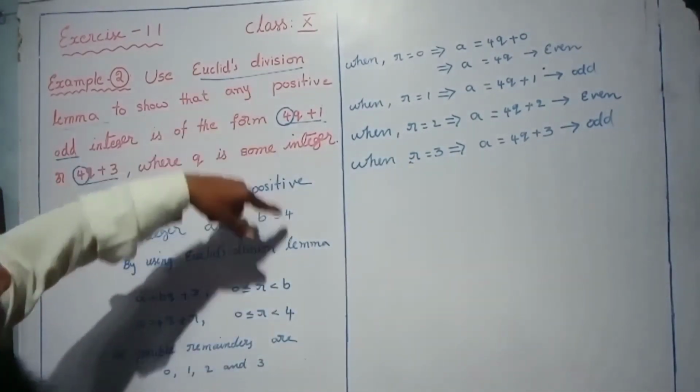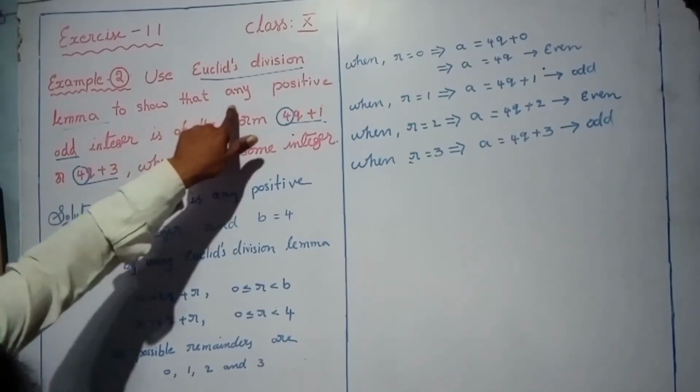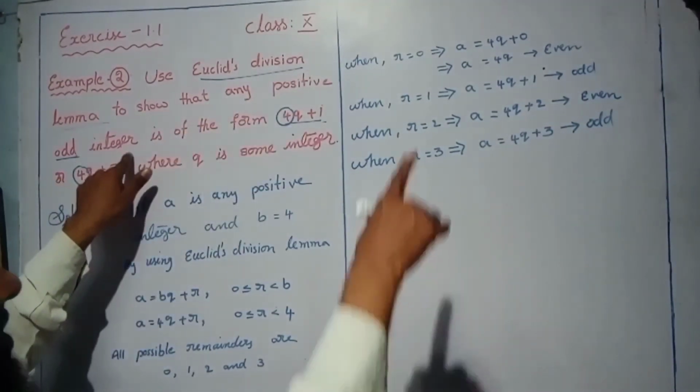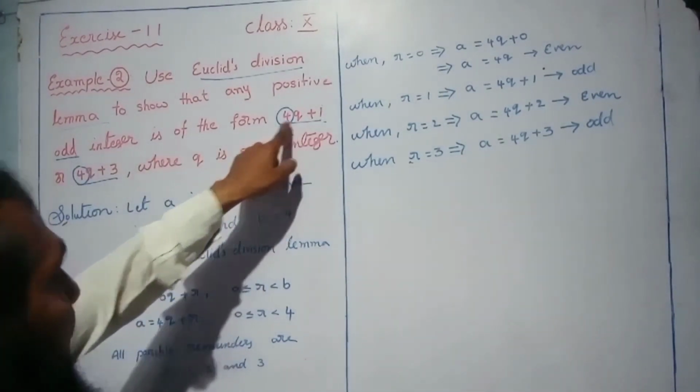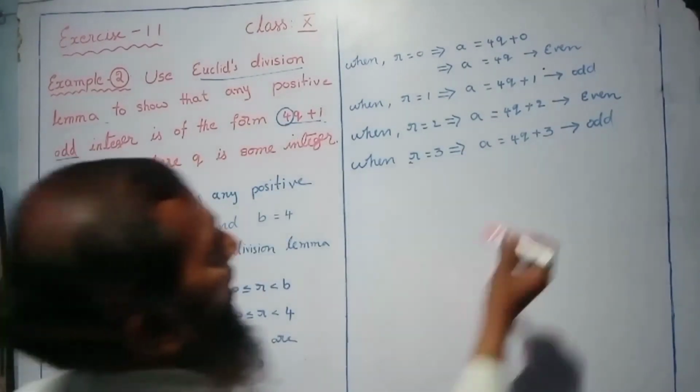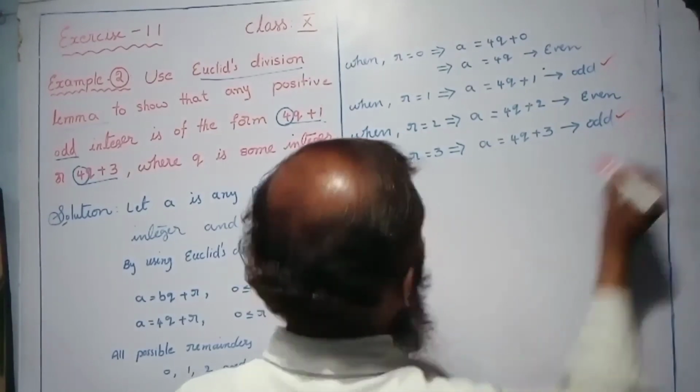So what is the given condition here? See here, you can show that any positive odd integer. How many positive odd integers are given here? 4q plus 1 and also 4q plus 3 are the only odd ones.